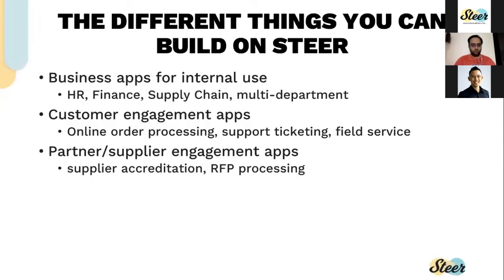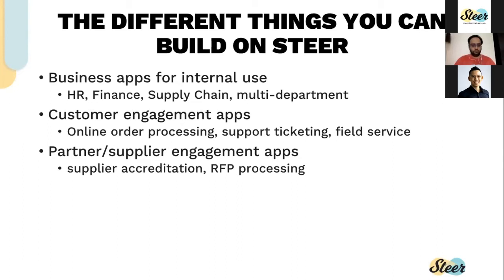To begin, there are many different kinds of business applications that you can build on Steer, such as internal processes for finance, perhaps reimbursement, or lining up your suppliers for procurement. You can do that on Steer.